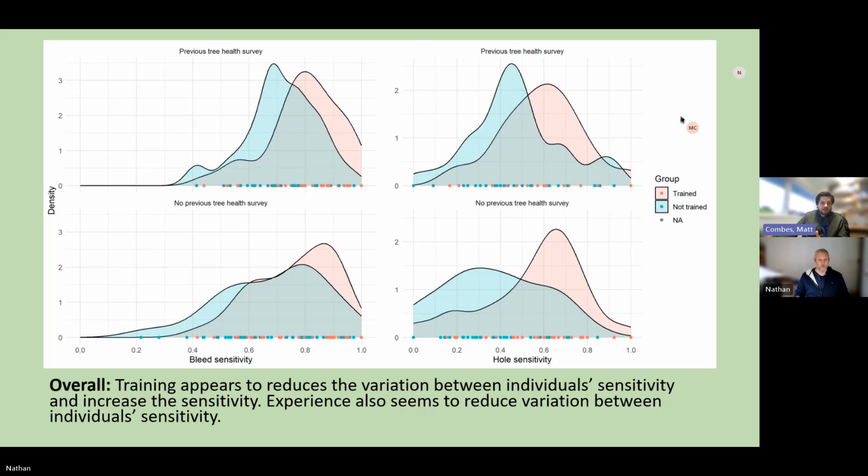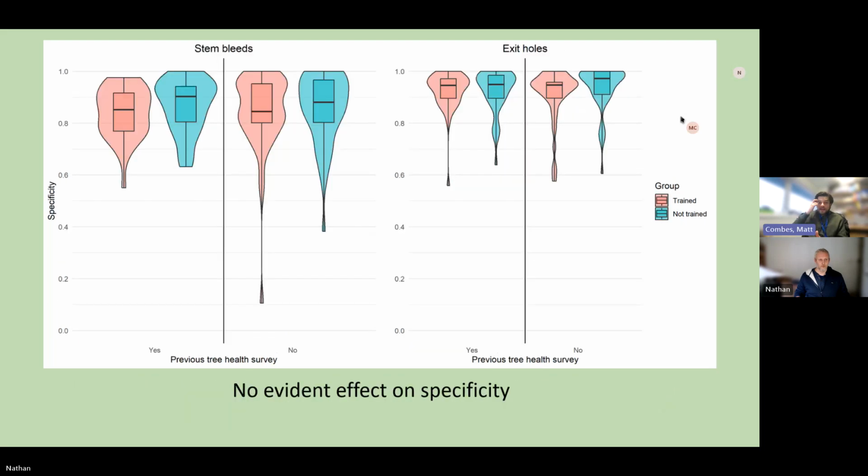Then if we click onto the next slide, for specificity, so when things weren't there, that's really great news, because we can see there's no evident effect. When something isn't there, there's no effect between training groups, or if people have conducted a tree health survey before, there's no evident effect on whether that increases false positive reports.